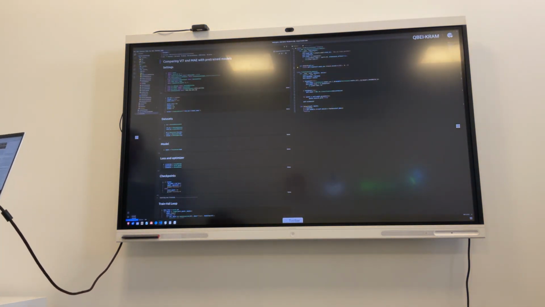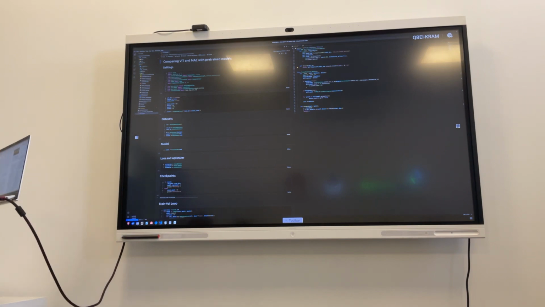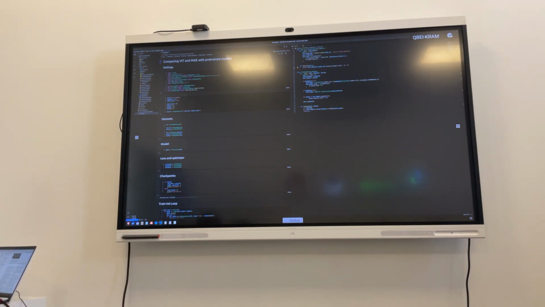Here I tried to do a comparison between the MAE and the ViT.